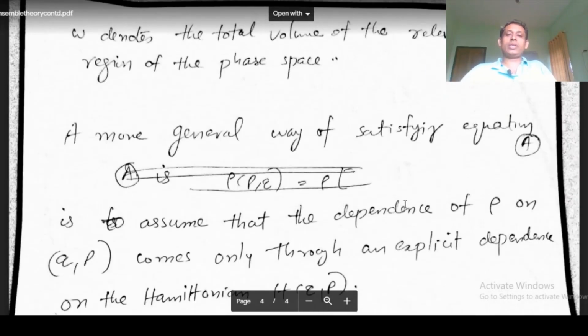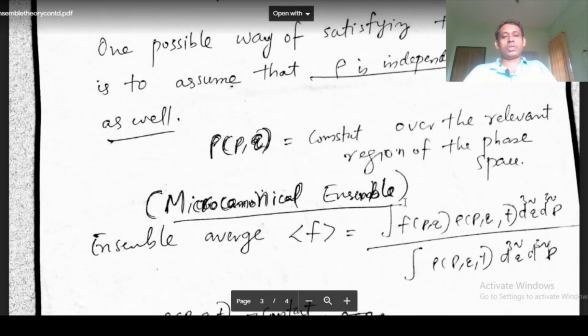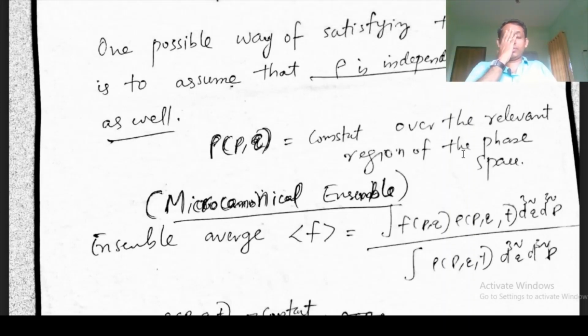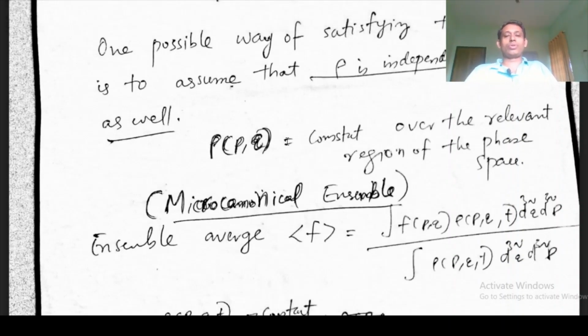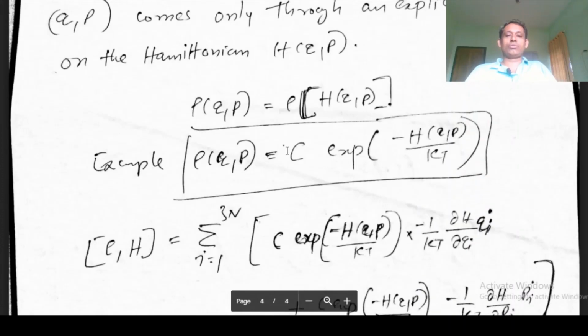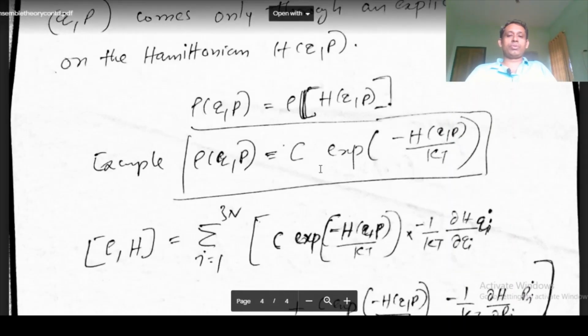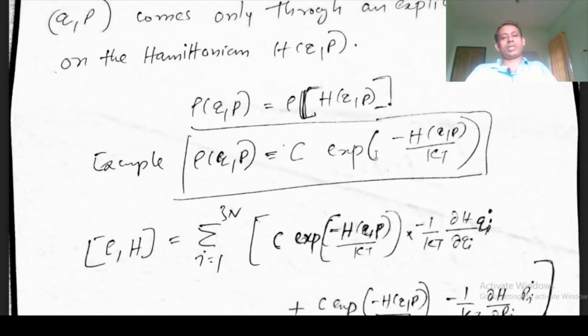So these two ideas are very important. The Poisson bracket of rho and h equal to 0 is satisfied for systems in equilibrium, that is, a stationary ensemble. That is satisfied for rho of pq equal to a constant, which refers to a microcanonical ensemble, and for rho of pq equal to c exponential of minus h of qp by kT.